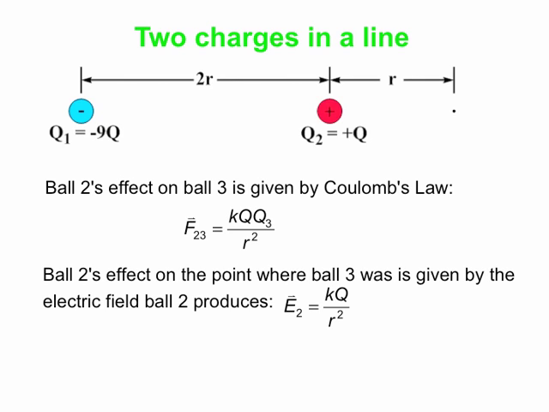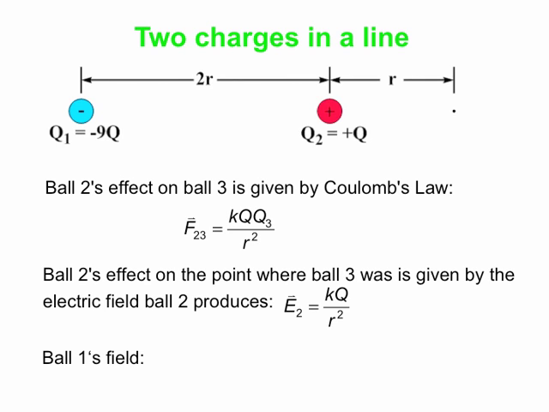We can say E here for electric field. The electric field produced by charge number 2 at the location where ball 3 was is K times the charge on ball 2 divided by how far the point is from ball 2, that distance squared, R squared.